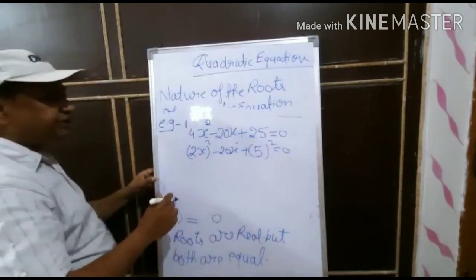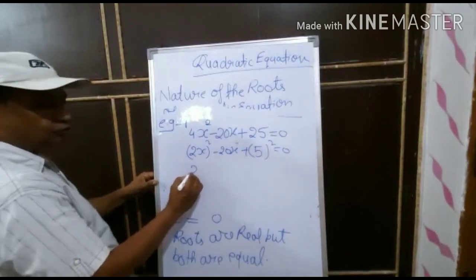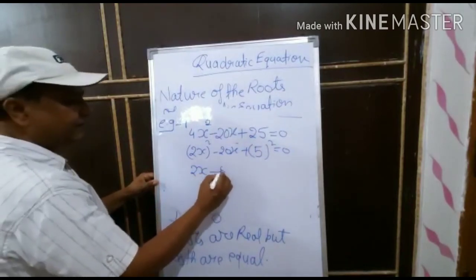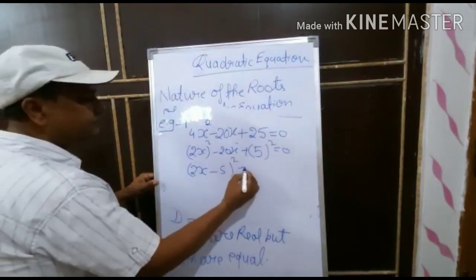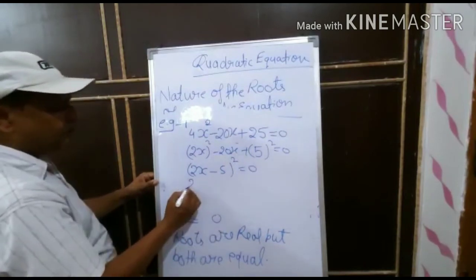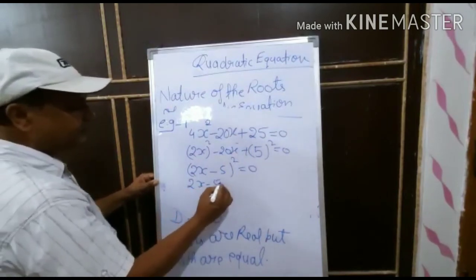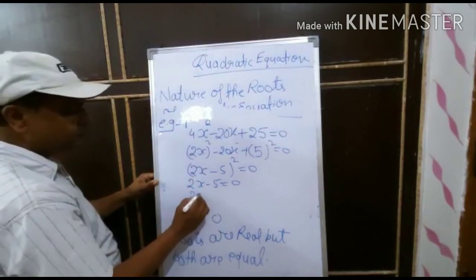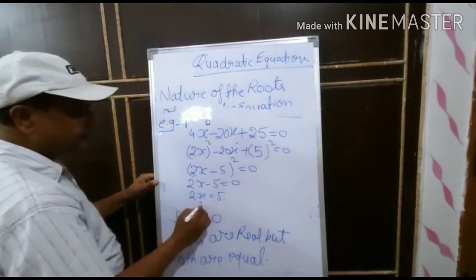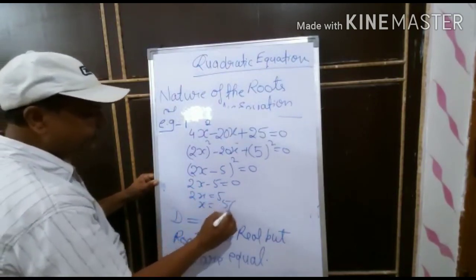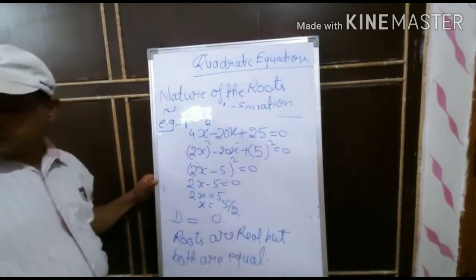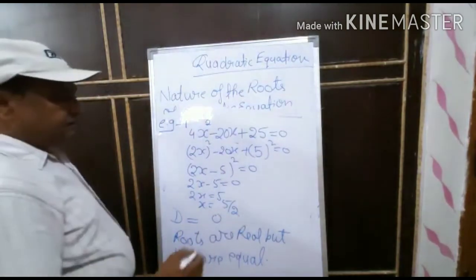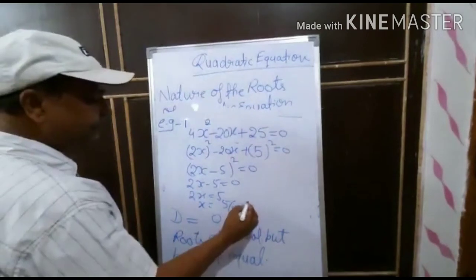This is the identity, 2x minus 5 whole square. Therefore value of 2x minus 5 is equal to 0. So 2x is equal to 5, x is equal to 5 upon 2. Both the value of x is 5 by 2.